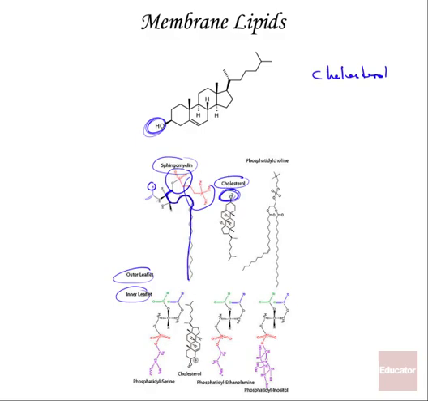You notice the cholesterol here, in the inner leaflet, the OH group is actually pointing in towards the cell. It's interacting with the aqueous environment inside the cell. This OH group, the polar part of the molecule, is interacting with the aqueous environment outside the cell.